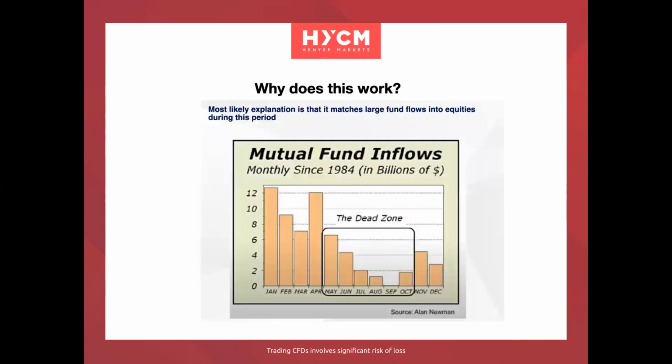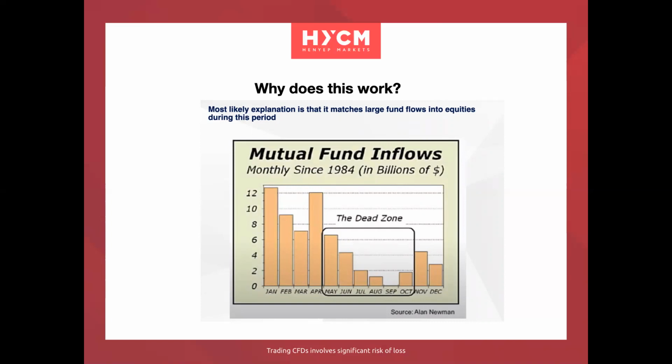And the reason is this: during this period from November through to April, that's when you tend to see inflows into mutual funds. You can see that during that period, the flows are very, very high. November, $4 billion.